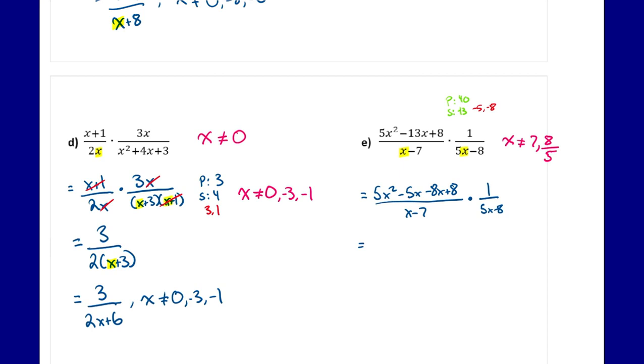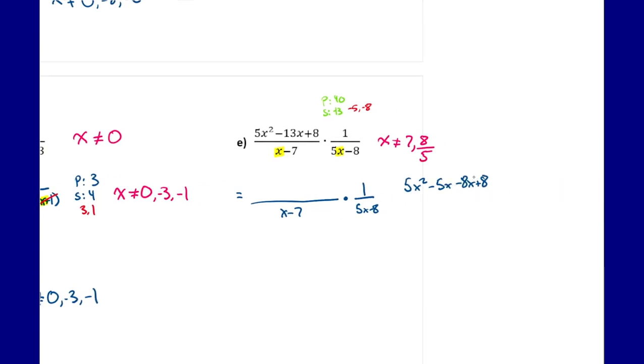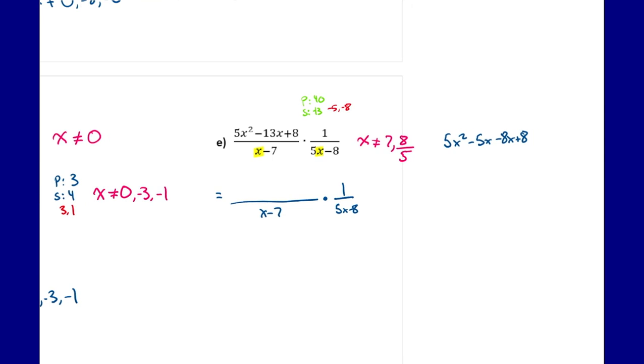I'm going to still continue to simplify the top. Actually, let me do this off to the side, and this might be something that you choose to do as well, just to avoid having this long string where it's just the one thing changing. I'm going to factor this off to the side. So then I can take out a 5x, I'm left with x minus 1.